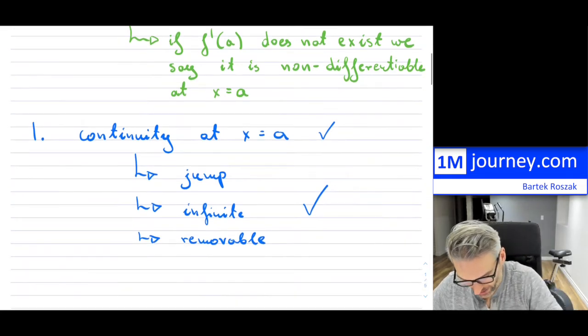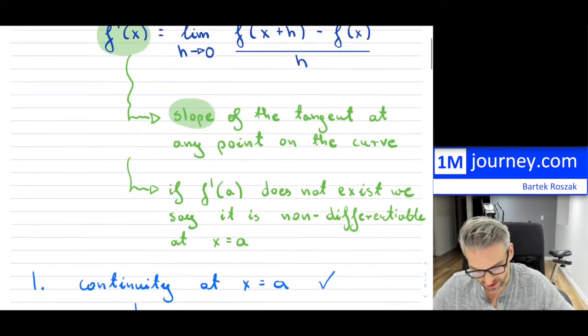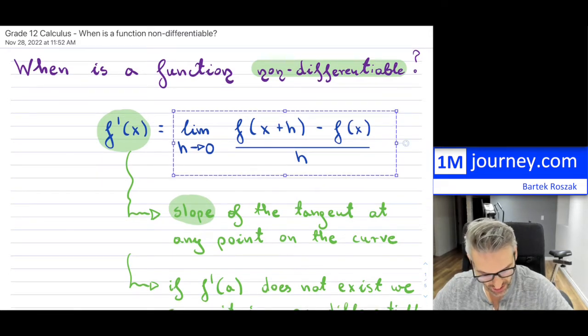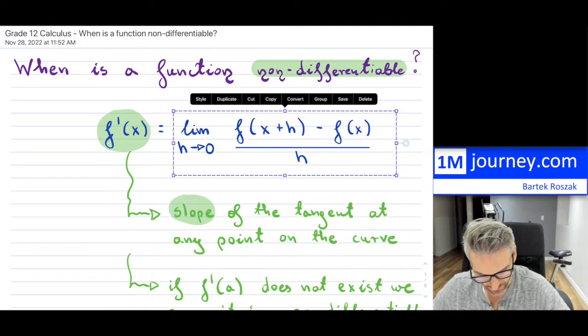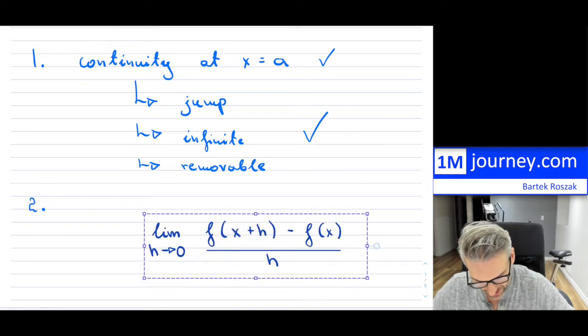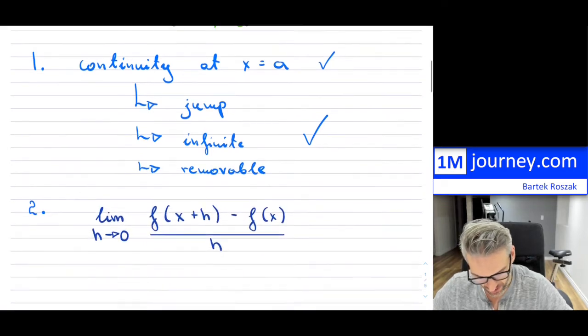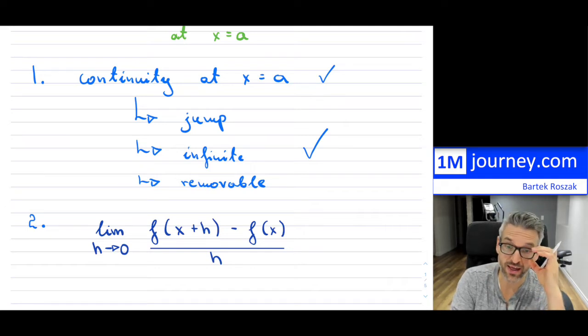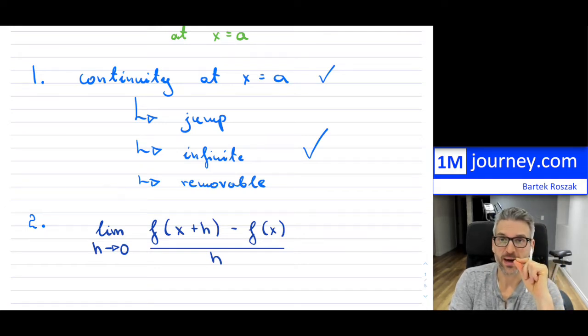Number two, what we want to watch out for is, if it is continuous at that particular point, then we also have to make sure that this limit actually exists. And when we say that a limit exists, that means it exists both from the left-hand side and from the right-hand side. Very often we can go ahead and try to find what that limit is, but we do have to be careful if it does exist.